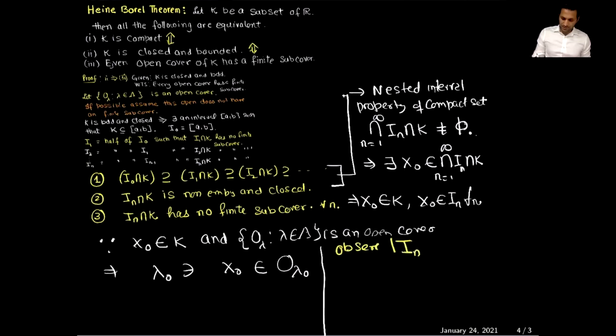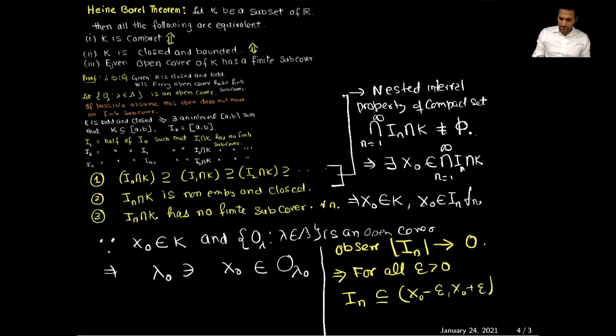the length of each In is going to 0, and this implies for all epsilon positive, the interval In must be contained in (x0 minus epsilon, x0 plus epsilon) when little n is greater than capital N. Because if you take a very small open interval, since the length of each In is getting smaller and smaller, and x0 belongs to each In, you can find an In which will be contained in a really small open interval around that point x0.